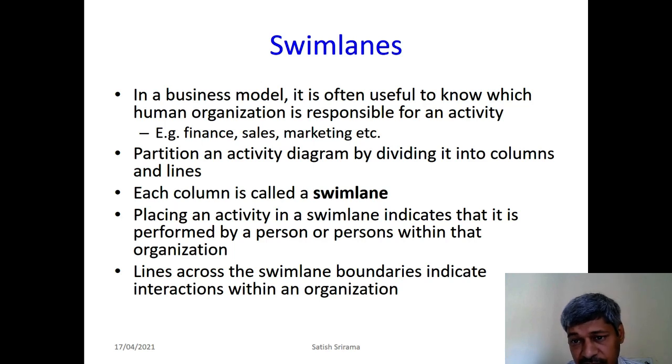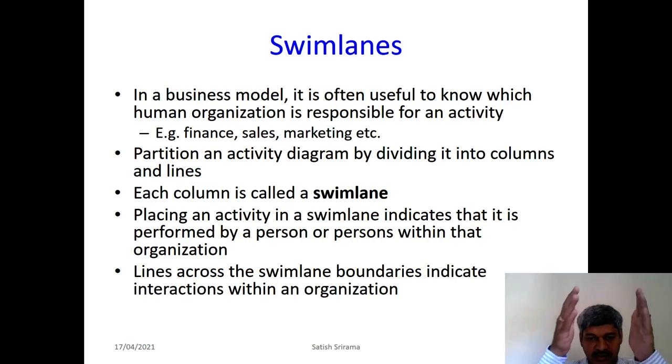But in certain situations we also want the information of the organization that takes care of that particular activity. The basic idea is that we can partition the complete activity diagram by dividing it into columns and lines.